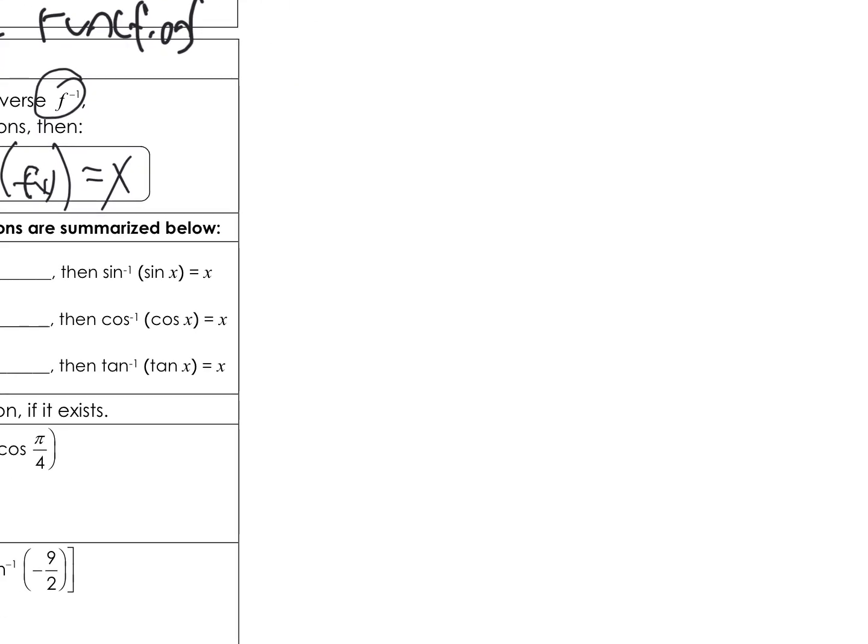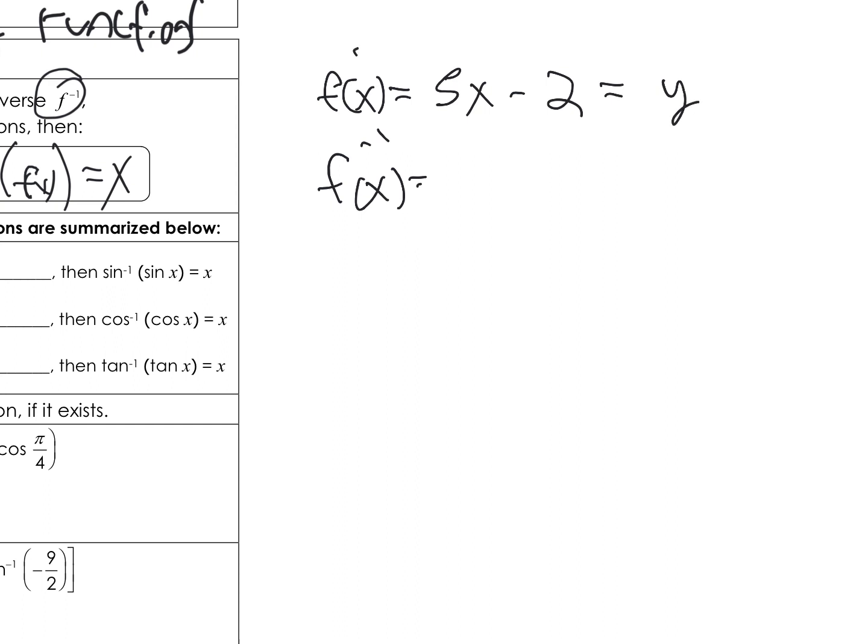Let's see, f of x will be equal to, we'll do something simple, 5x minus 2. And I'm going to find its inverse, which means we have to call this function y, because that's what f really means. And I have to switch the x and the y around.